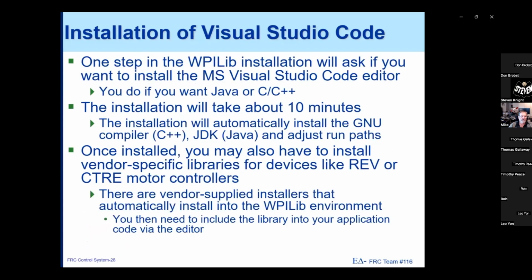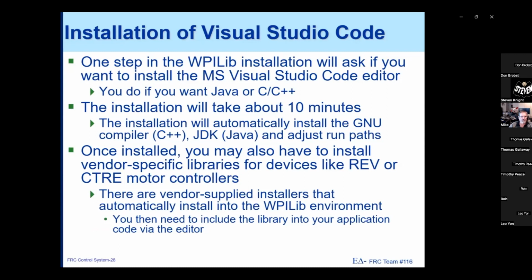Of course, as I mentioned earlier, the development environment for the RoboRio code is done in Visual Studio Code if you're using Java or C++. So one step in the WPILib installation will ask you if you want to install the Visual Studio Code editor, and you do if you want to run either Java or C++.